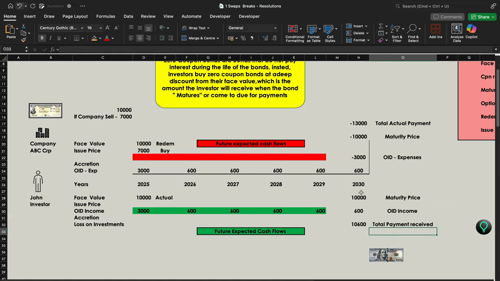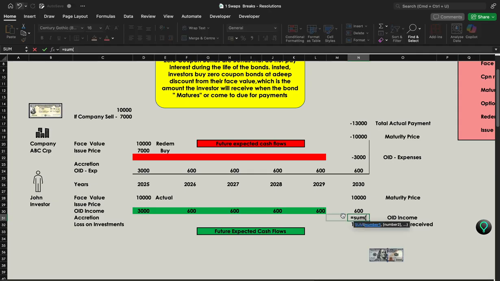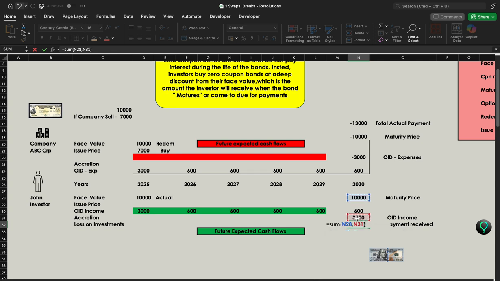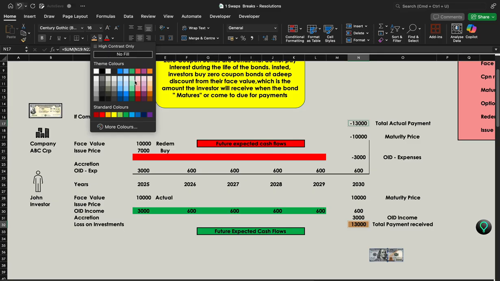So the total payment the investor is going to receive from the company is 3,000 plus this maturity value, this 13,000. Now if you compare this 13,000 and this 13,000, this is how things work, guys.